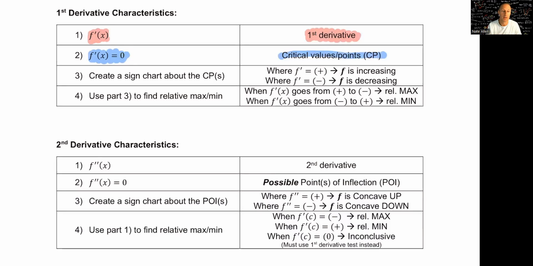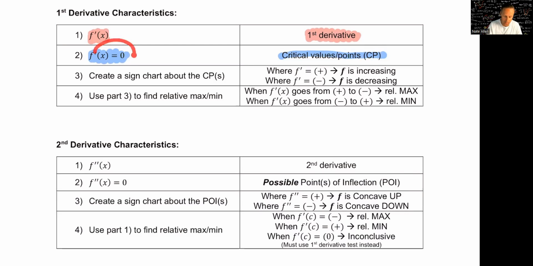And oh, by the way, remember, we're doing all of this, whether it's the first derivative stuff or the second derivative, it's all for the original function. So if you're ever going to give me my critical point or your point of inflection, remember, wherever you find those x's, you're going to be plugging them back into your original function, f of x.